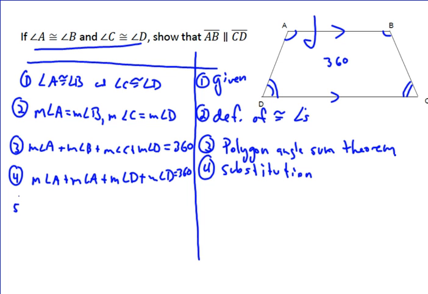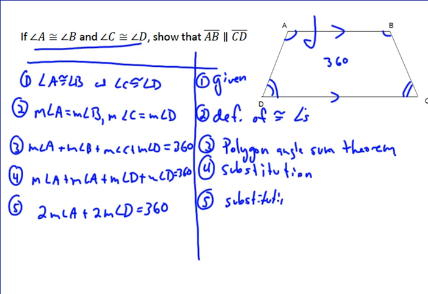Well, I do that by doing some simplifying, which we're going to call substitution. So I simplify things together. We call it substitution because we're essentially substituting in 2 times measure of angle A for measure of angle A plus measure of angle A. That's what the substitution is.